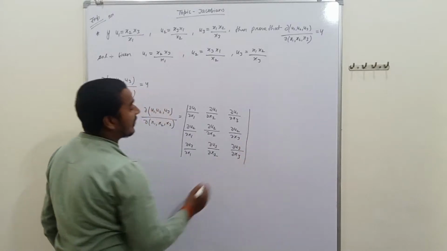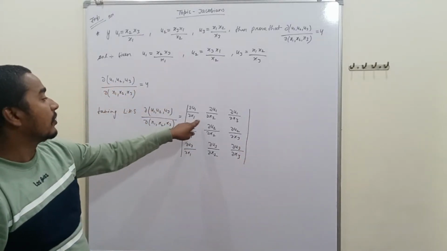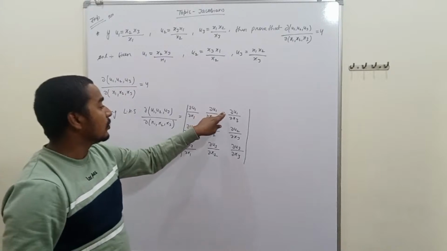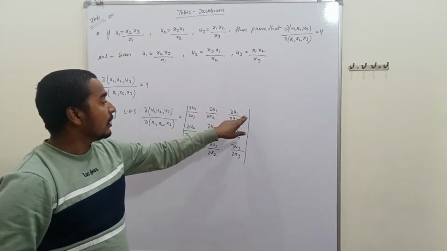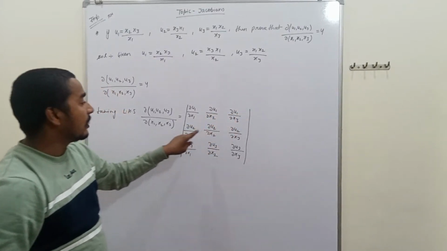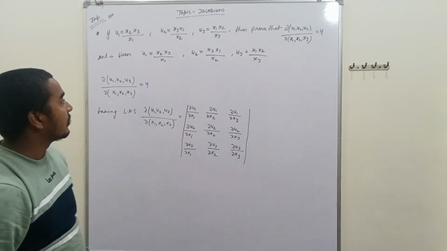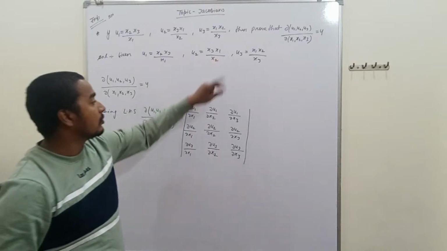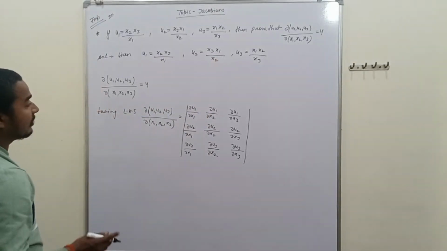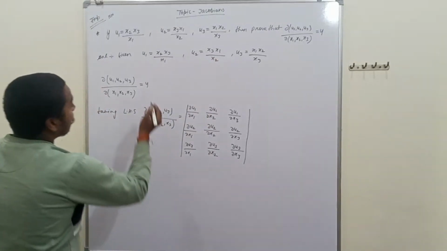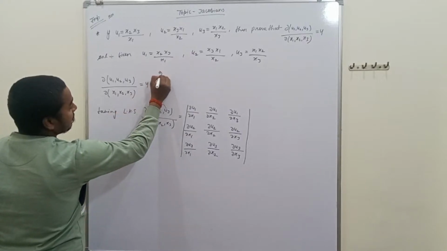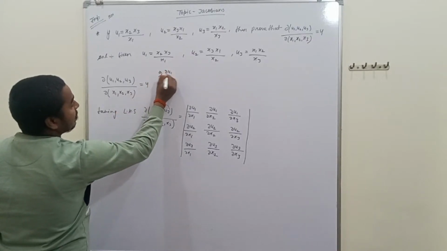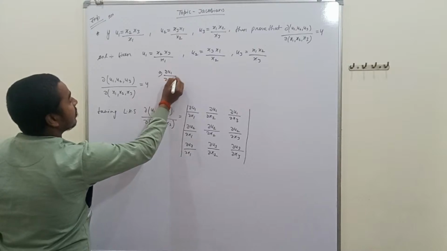Further we have to find the values of del u upon del x1, del u upon del x2 and del u upon del x3, and put them in the determinant, using u1, u2 and u3. First we have to find del u1 upon del x1.